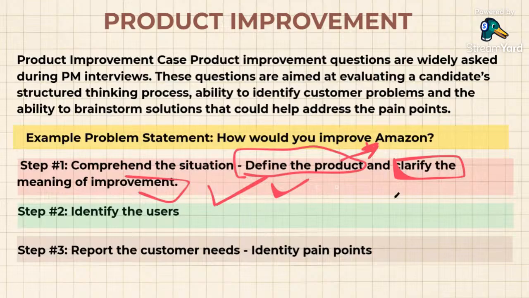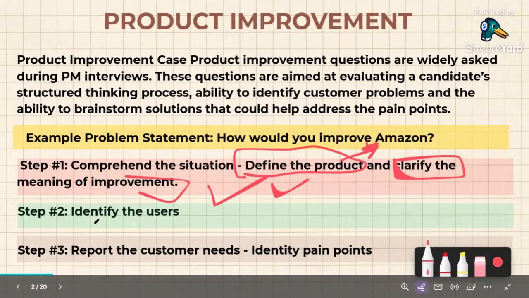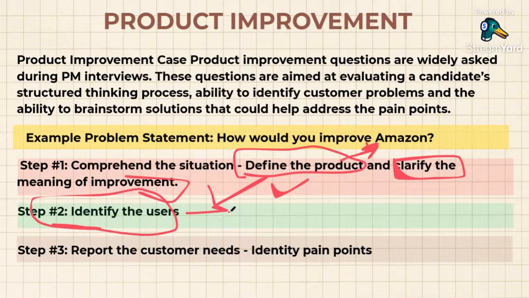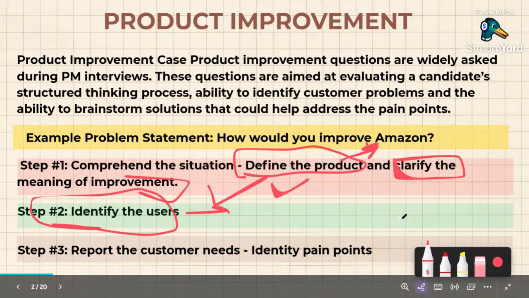Then we try to understand the set of users, who are the set of users using that specific product, and then we try to understand the consumer needs and identify their pain points. And according to the pain points, we work further.